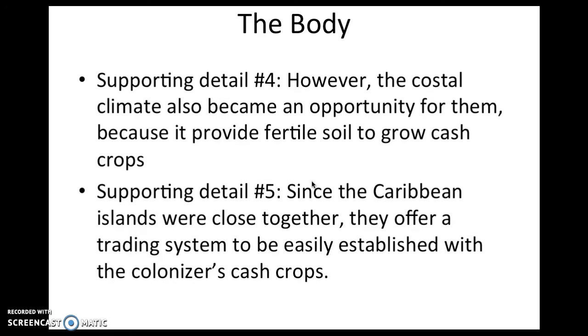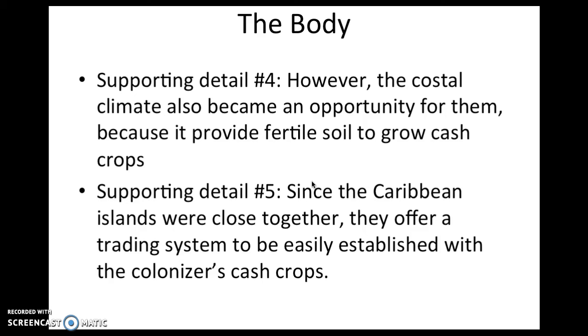Supporting detail number 4. However, the coastal climate also became an opportunity for them because it provided fertile soil to grow cash crops. And my last supporting detail is, since the Caribbean islands were close together, they offered a trading system to be easily established with the colonizers' cash crops.